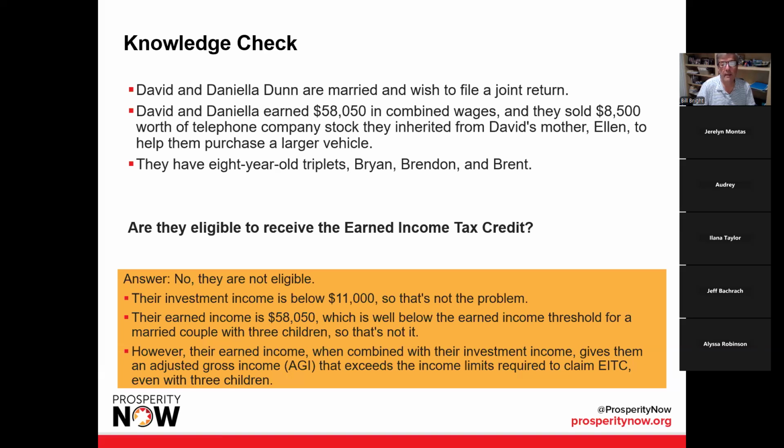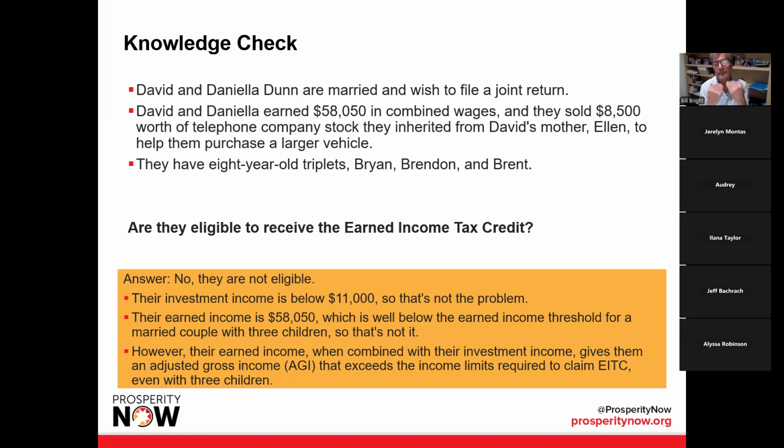Well, their investment income, which is the gross amount, we're not talking about what the taxable amount would be because we don't know what the cost basis of the telephone stock was, is $8,500, which is below $11,000. The problem is their earned income when combined with their other income gives them an AGI that exceeds the income limits required to claim EITC, even with 3 kids.